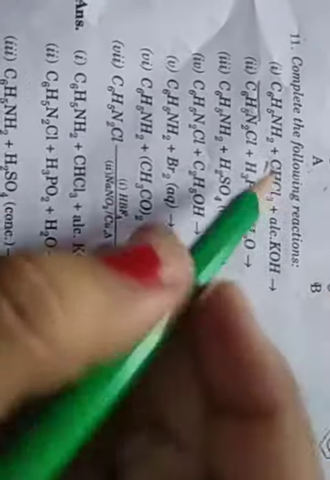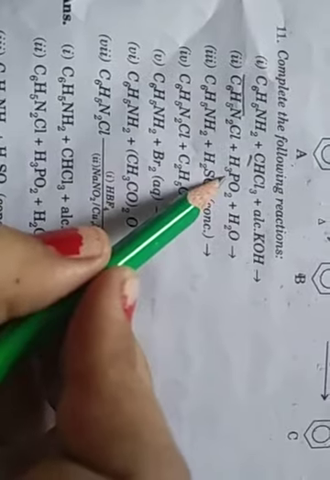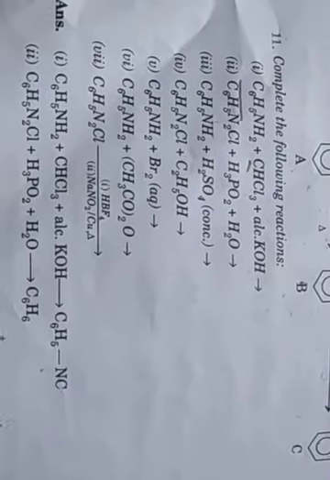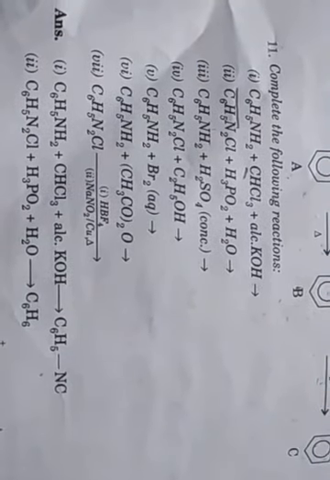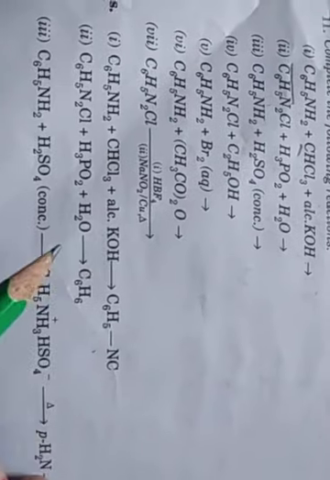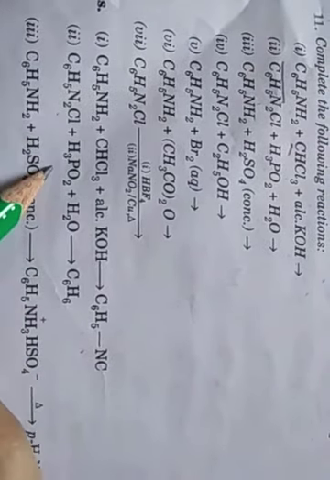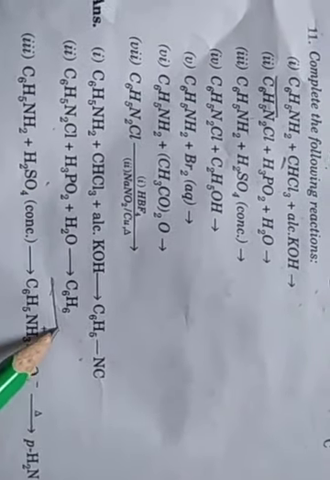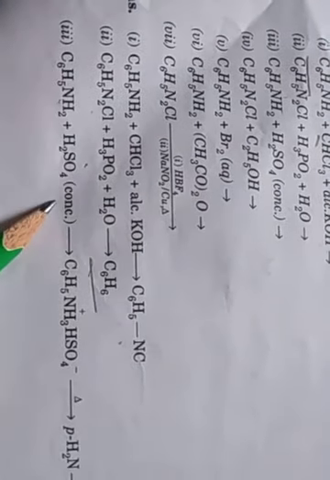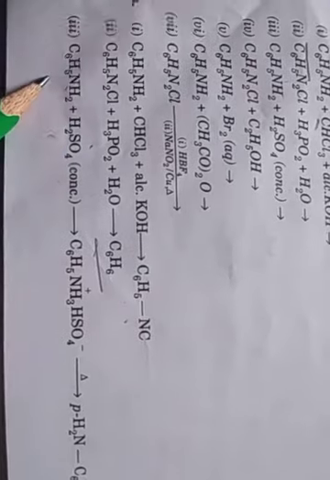Okay, then react C6H5N2Cl plus H3PO2 plus H2O. So you already know about benzene diazonium chloride reacting with the H3PO2, hypophosphorous acid. Okay, so hydrogen, C6H5 reacts with the hydrogen, and then benzene is formed. Okay, then C6H5NH2 reacts with the concentrated H2SO4, sulfonation of the aniline.